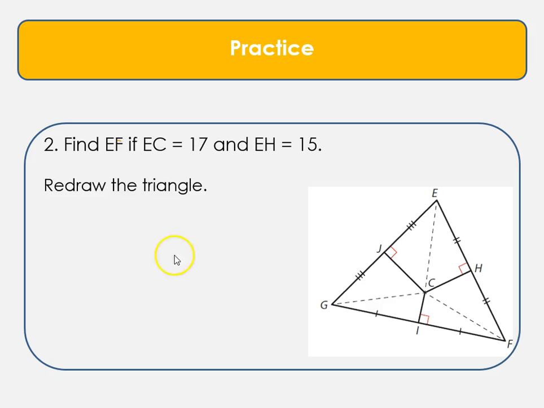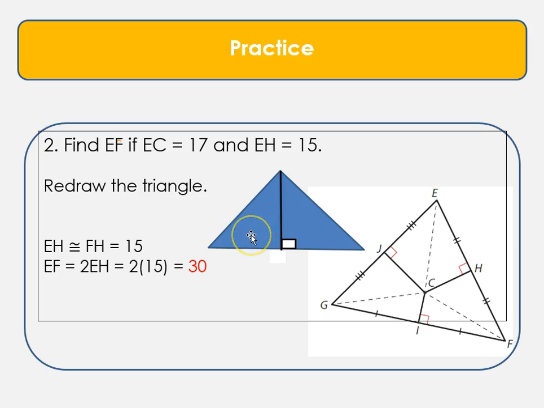Number 2, find EF, which is this total side here, if EC equals 17 and EH equals 15. Well, by looking at the points of congruence, you should be able to do this quickly.